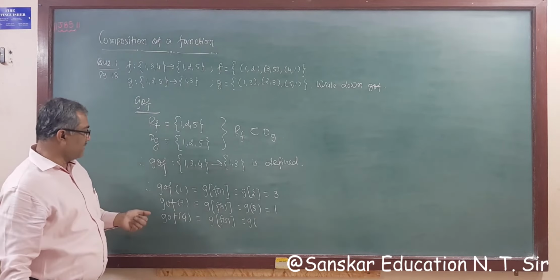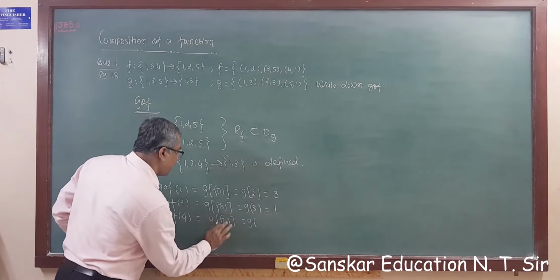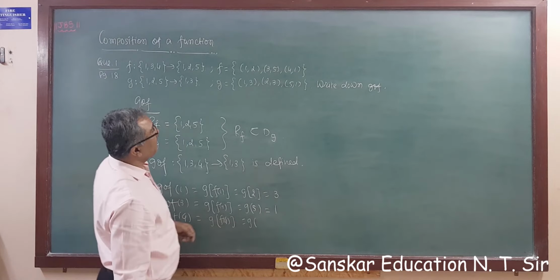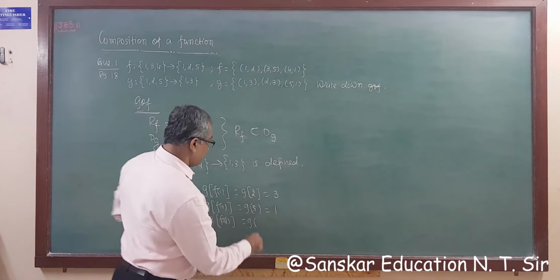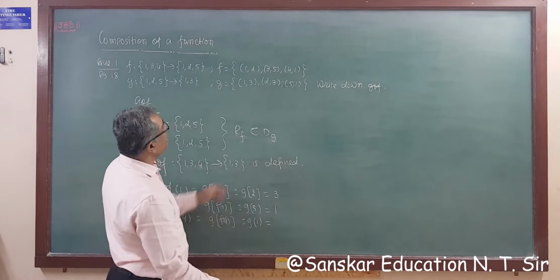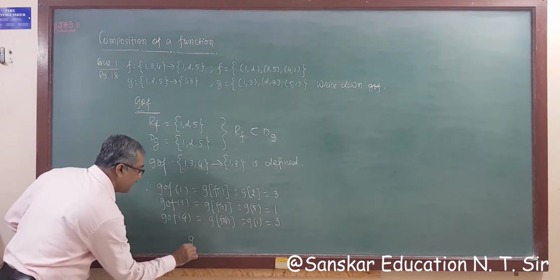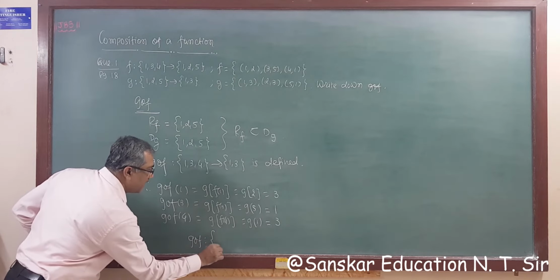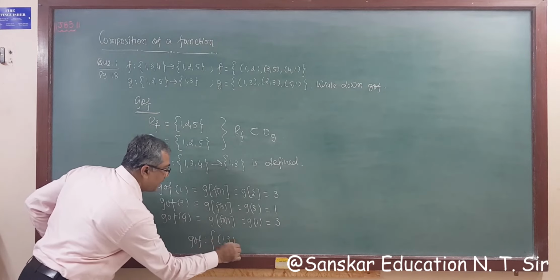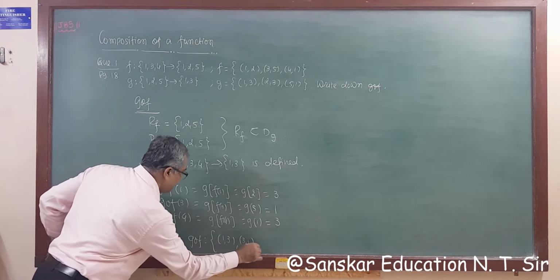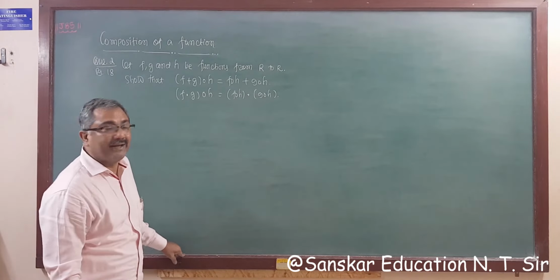Right? So f of 4 is 1 and g of 1 is 3, right? So what do we get? G over f is 1, 3, 3, 1 and 4, 3. This is the answer.